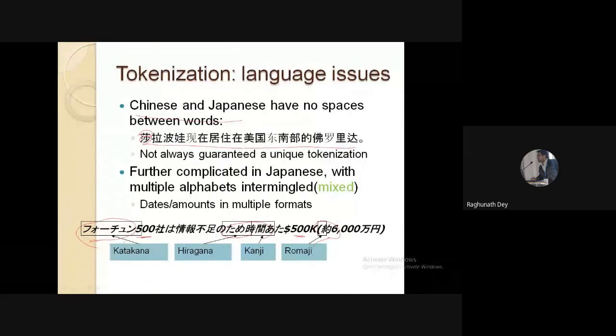So a single input line has multiple languages, a mix of alphabets as well as numbers, dates, and amounts in different formats. This is another type of currency. This is dollar currency. This is some other type of currency, with numbers. So it is a very challenging task.